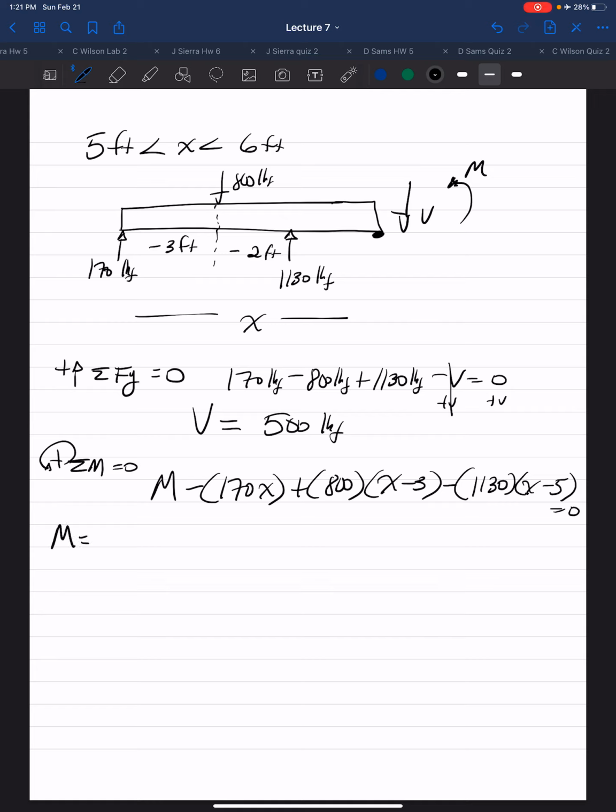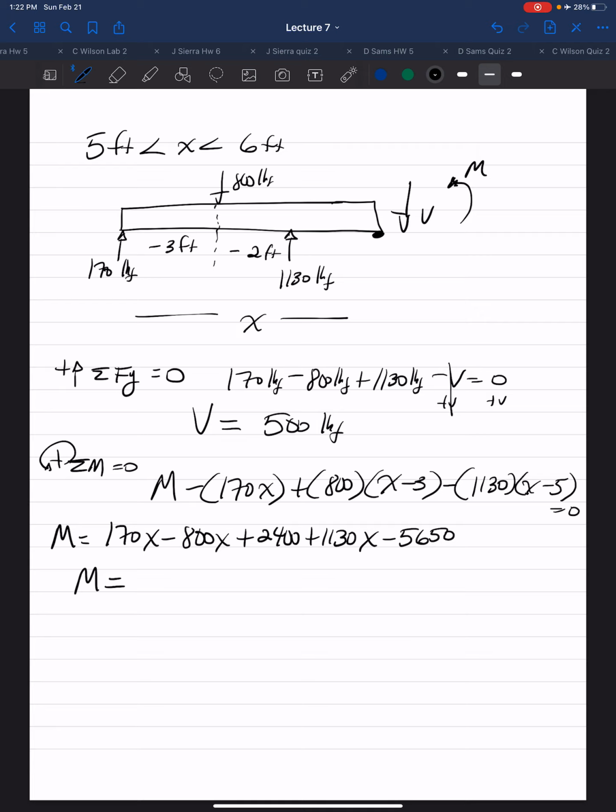Rearranging that equation, you have 170x, and moving it to the other side of the equal sign, you have minus 800x plus 2400 plus 1130x minus 5,650 equals 0.